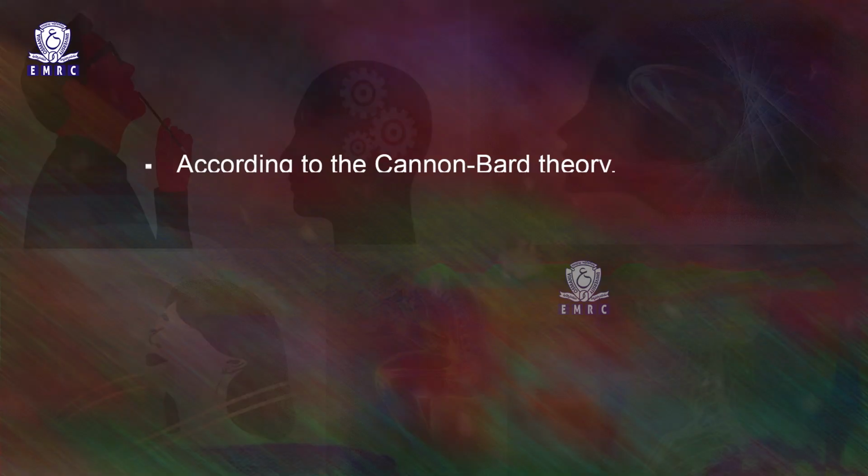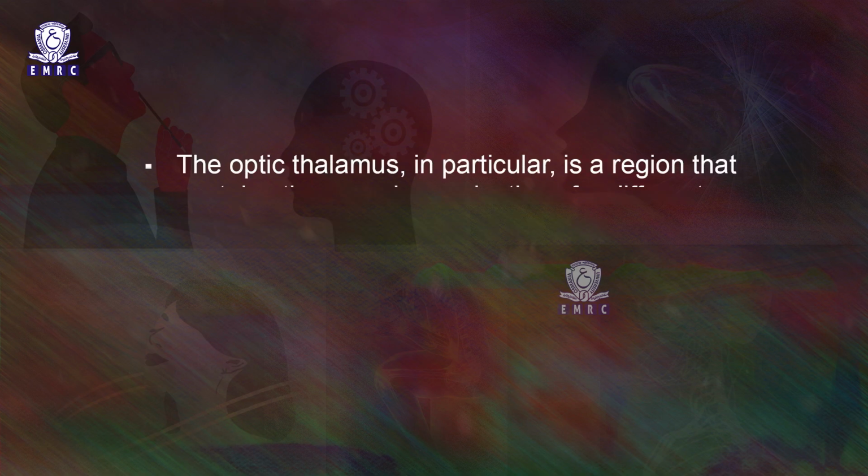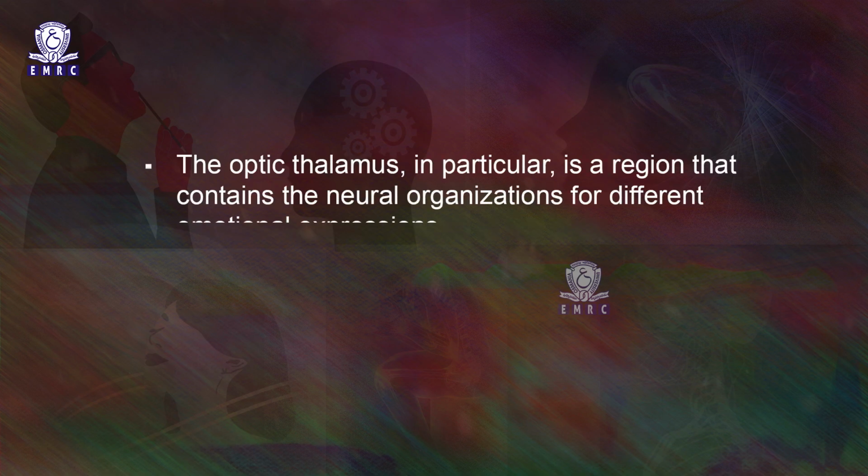And according to Cannon-Bard theory, emotional expression results from activation of the subcortical centers of the brain, and the thalamus in particular is a region that contains the neural organizations for different emotional expressions.